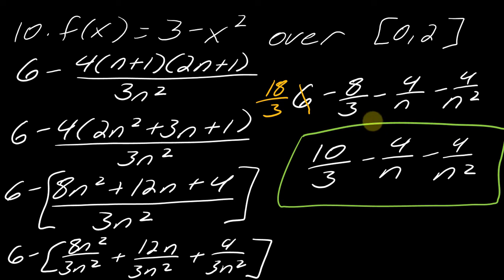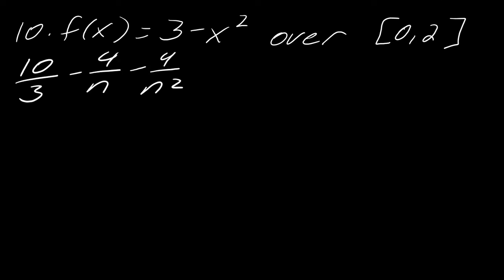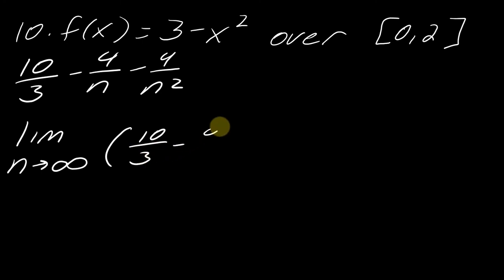Okay, so next, now we want to go through and take the limit as n goes to infinity. So let's clear some space. Okay, so now I'm going to take the limit as n goes to infinity of this entire expression. And, oops, this was actually over 3n squared.